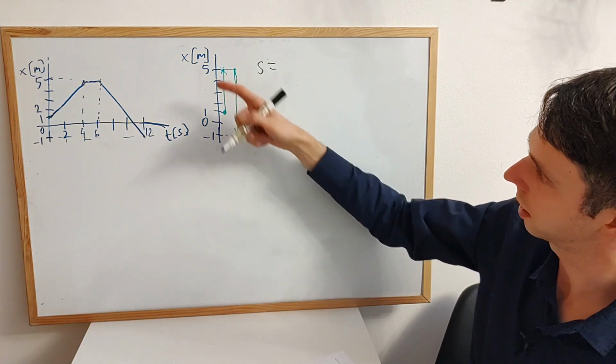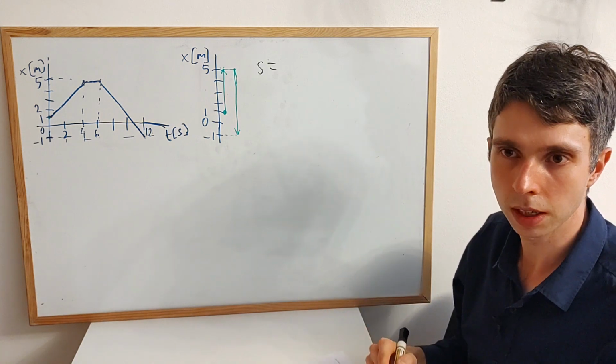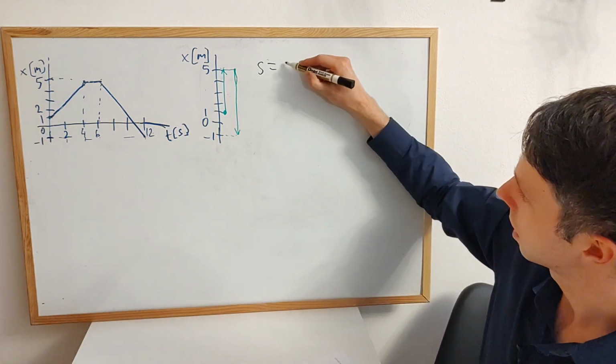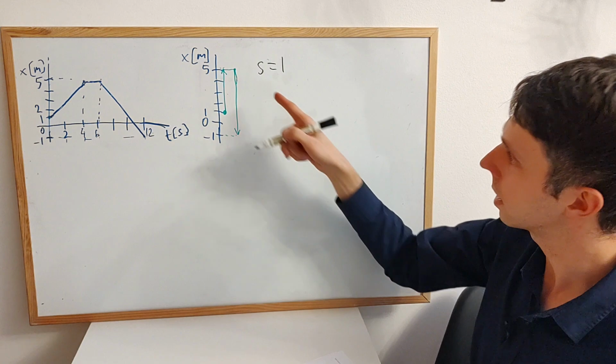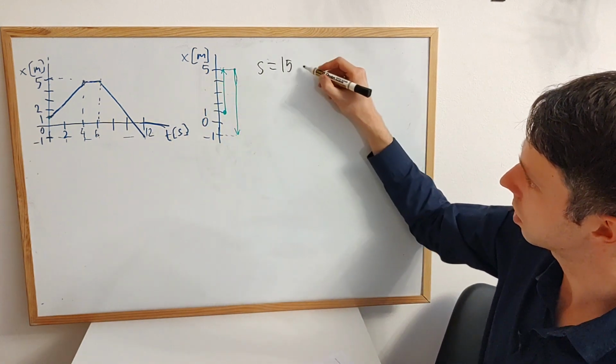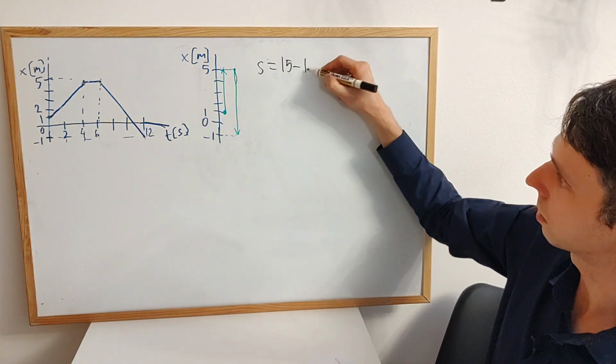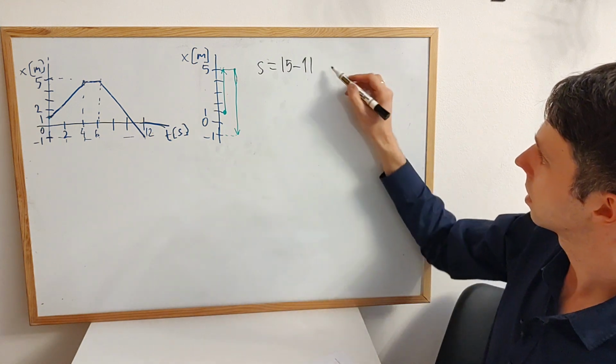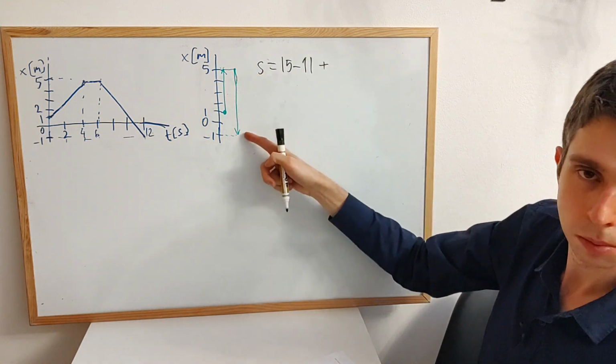You can see that there are 4 units, or you can calculate it as the absolute value of the final position 5 minus initial position 1, and then this part.